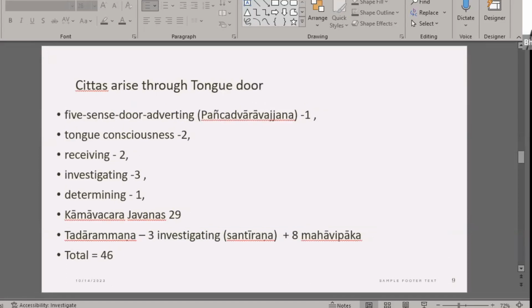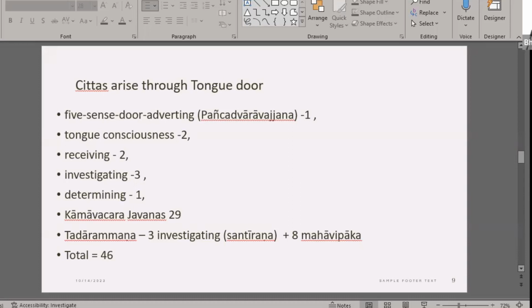Then chittas arise through the tongue-door. When we taste something, five sense door adverting consciousness, Pancadvaravajjana citta, arises. Then tongue consciousness arises. Then receiving consciousness, sampaticchana citta.